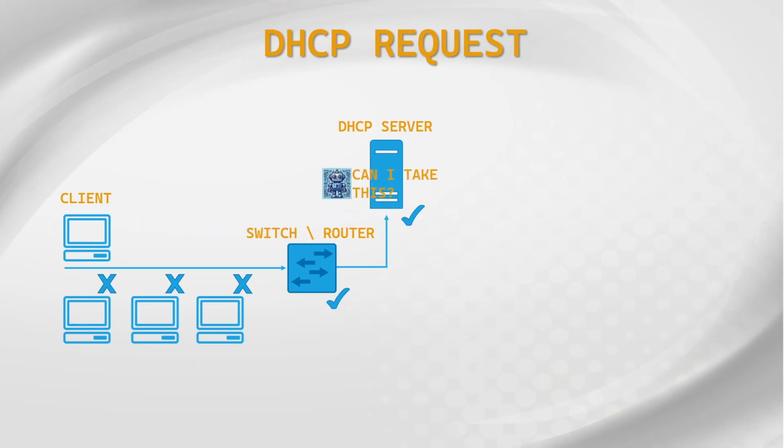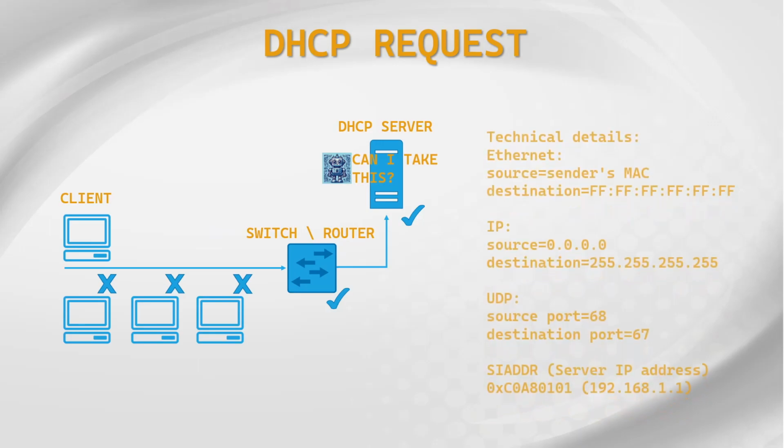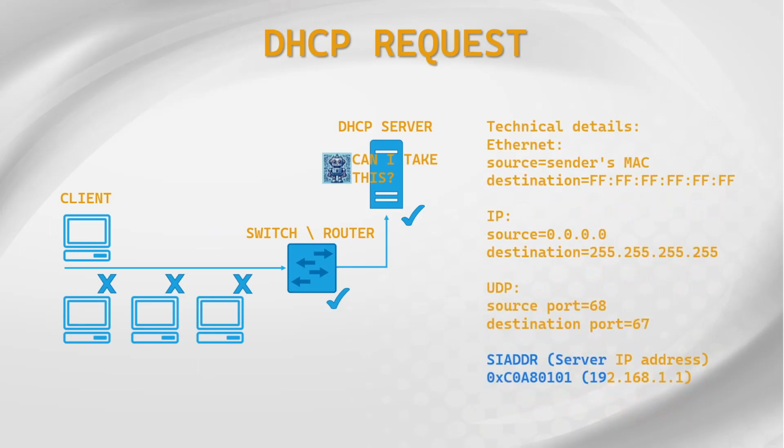In a DHCP request message, the client includes the server identification option, specifying the chosen server whose offer it has accepted. Upon receipt of this message, other servers retract any prior offer extended to the client and return the associated IP address to the available pool. Technically speaking, it's still a shout to the entire street.